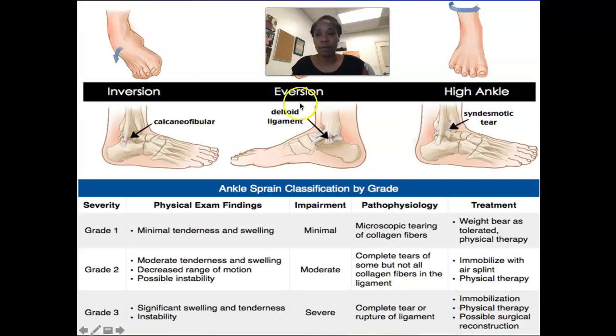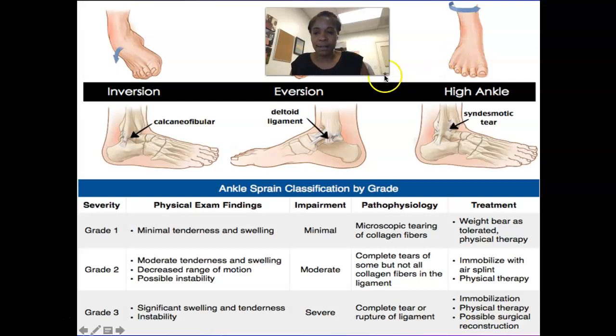So first and foremost, this is an inversion ankle sprain, right? Foot's going inward, makes sense. So the lateral ligaments are being stretched. This is an eversion ankle sprain, which means what, you guys? Foot's going outward, right? And the medial ligaments are being stretched. And then you have a high ankle sprain, which means a dorsiflexion moment is occurring. You're getting some foot eversion, right? And so this part of the limb is being compromised or is injured.